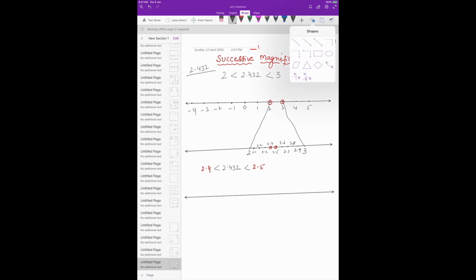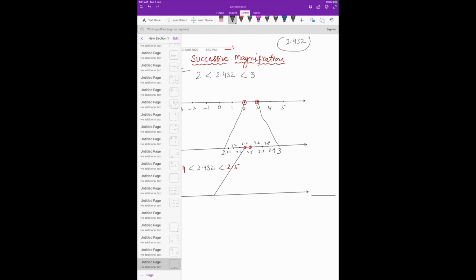Like this, we can expand between 2.4 and again 2.5. So what we are doing here is writing 2.4 and 2.5 here. Now in between 2.4 and 2.5 there are so many numbers which lie.